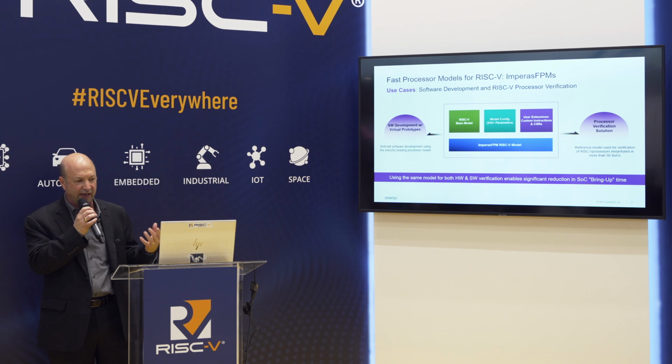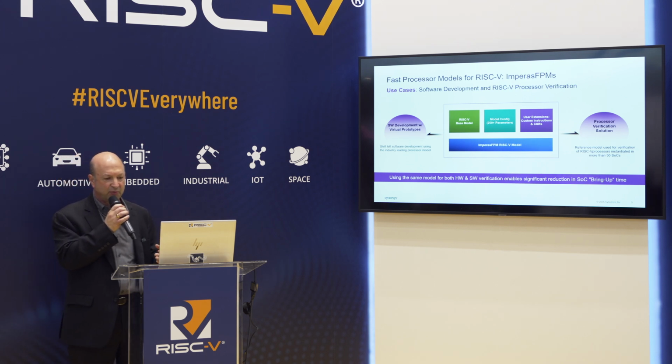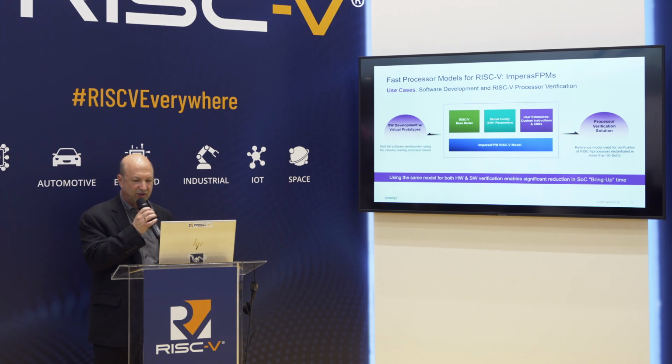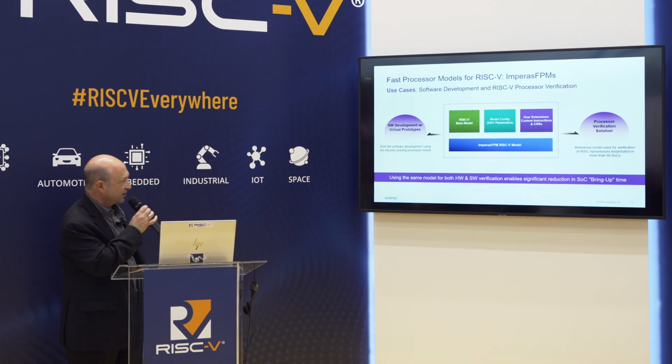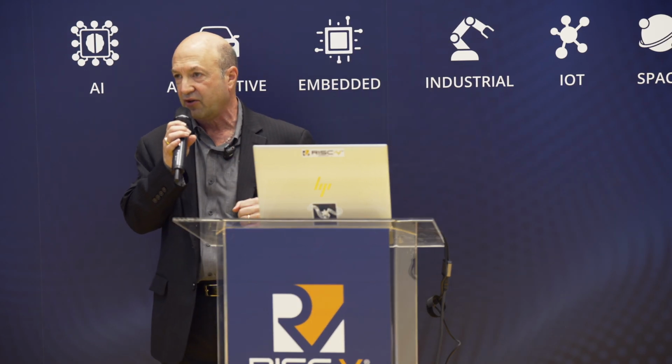This Empirus FPM processor model has been used in verification of processors for more than, I think it's, more than 50 SoCs. So there's a significant proof case here. Also, using the same model for both hardware and software verification enables significant reduction in SoC bring up time.